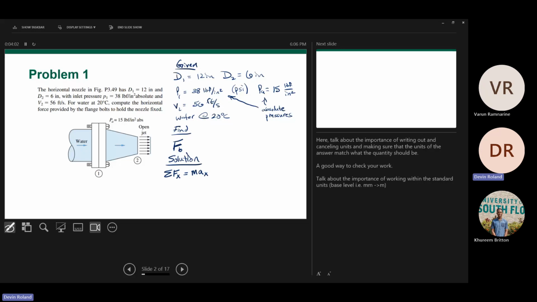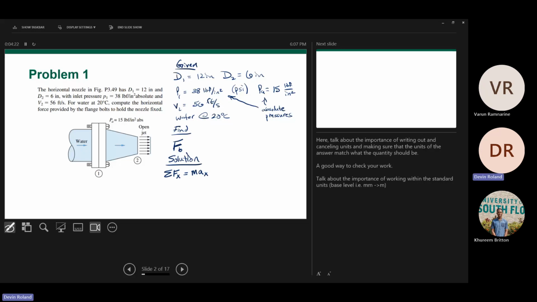And if it's steady, then the d/dt integral goes to 0, and then you have the m dot v out minus m dot v in term.